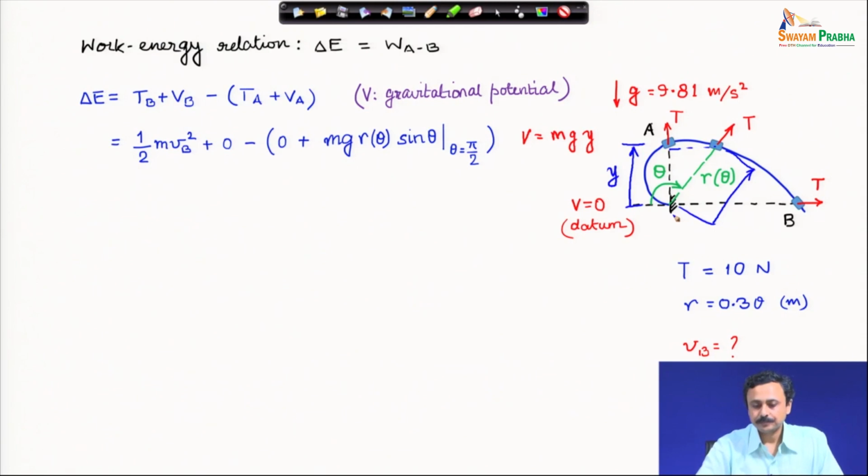Notice that. Now, theta at position A is 90 degrees. Therefore, this is the expression of y, and this must be evaluated at theta equal to pi by 2, 90 degrees.